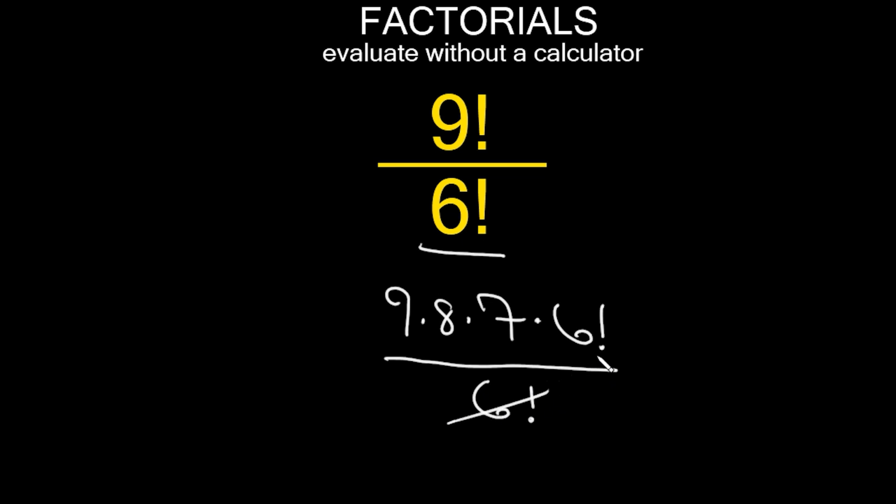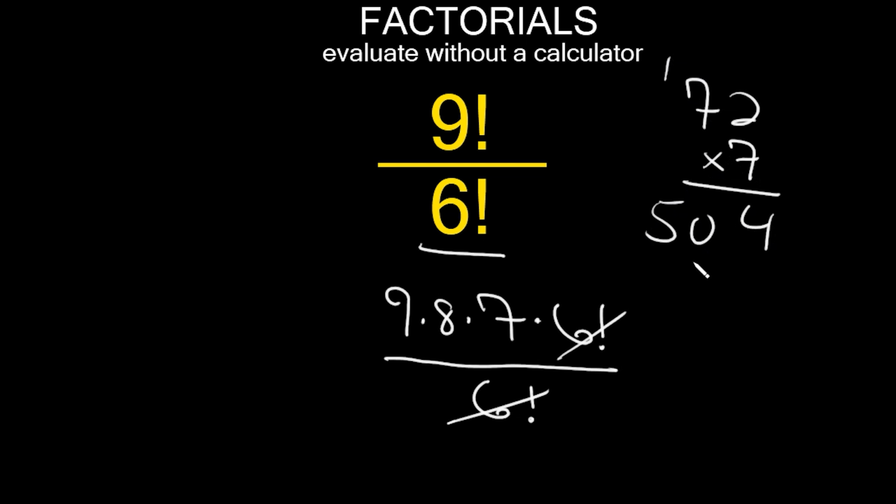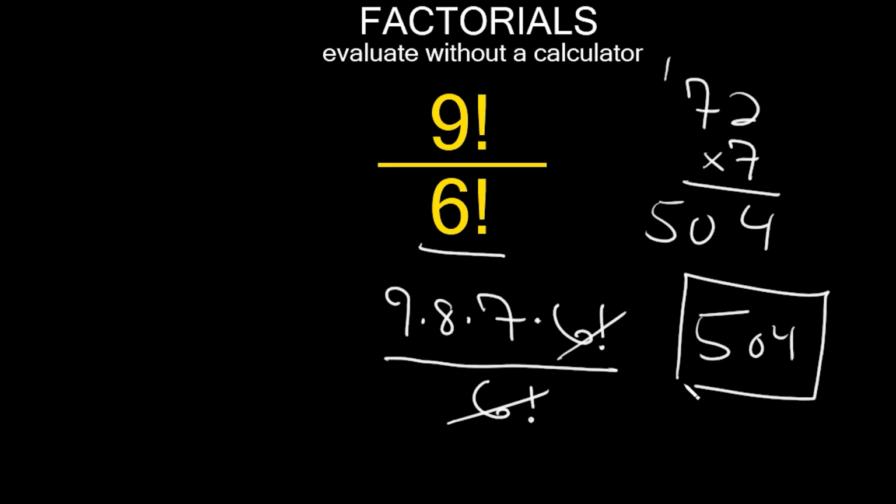These will cancel out, and now all you have to do is 9 times 8 and then times 7. So we know that 9 times 8 is going to be 72, and then I just have to do 72 times 7, and I'll have my answer. So I get 14 here, carry over the 1, I get 50, so I end up with 504. So your answer here is going to be 504.